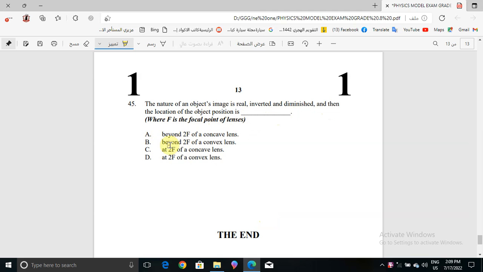We have here choice A, beyond 2F of a concave lens, or beyond 2F of a convex lens, or at 2F of a concave lens, or at 2F of a convex lens. First of all, beyond 2F it will be real, inverted and diminished, which is for convex. That means it will be at 2F of a convex lens, which is choice B.